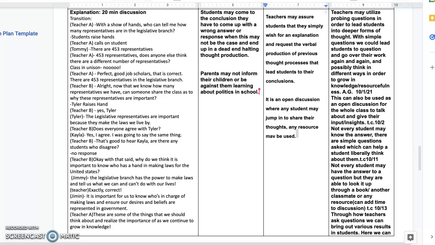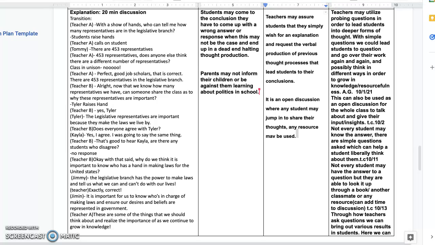Some students may want to just say some random stuff to keep the conversation going, but that's not the case. We are also using resources like textbooks, even each other, to help each other out with answering these questions.